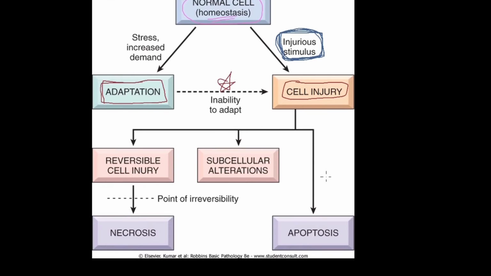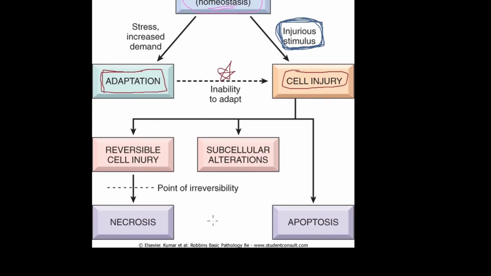By the way, this picture was taken from Robbins' Basic Pathology, 8th edition. Kumar is the author. It's a great textbook. So from the cell injury, the cell has 3 scenarios it can follow.